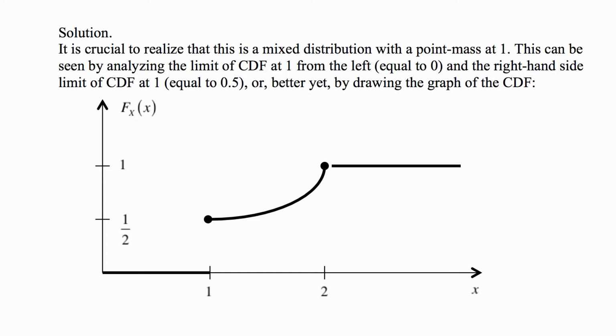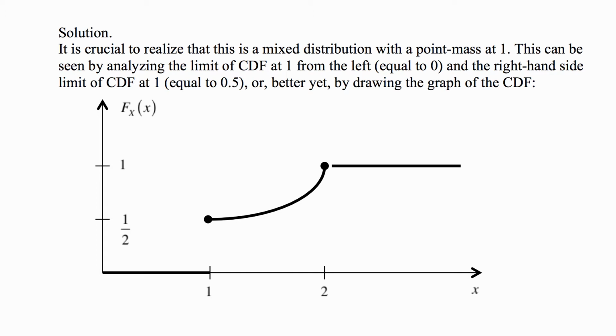And that's the graph. So you can see that it's a flat line of 0 between 0 and 1. Then it's this upward sloping curve between 1 and 2, but it jumps at x equal to 1. The CDF jumps from the value of 0 at 1, and then it suddenly becomes 1/2.